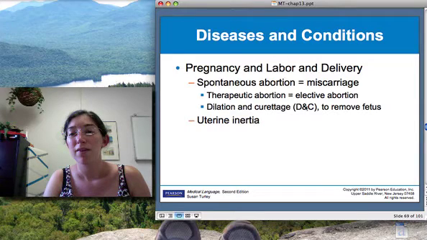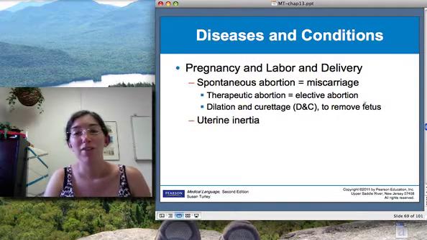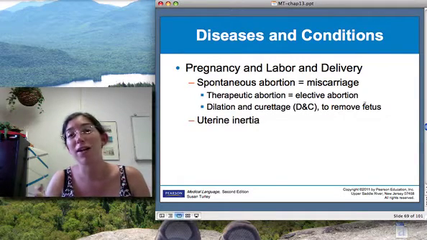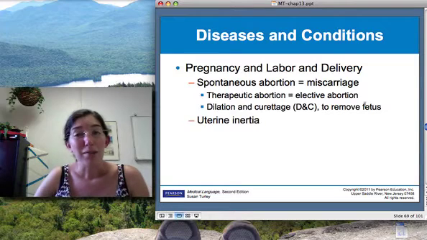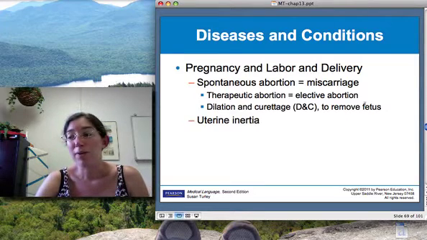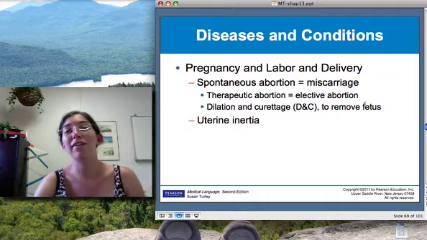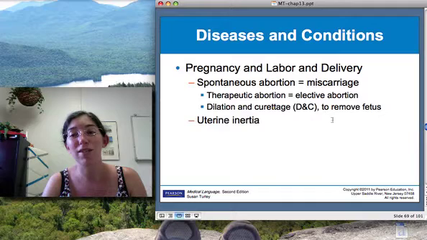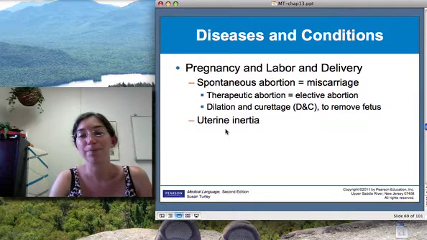This is what would happen during both an elective abortion and oftentimes in a miscarriage. Oftentimes miscarriages are identified at a doctor's office when there's failure to find a heartbeat during an ultrasound, so not necessarily because the fetus has been passed naturally. So usually a D&C procedure is done after the identification of a miscarriage.